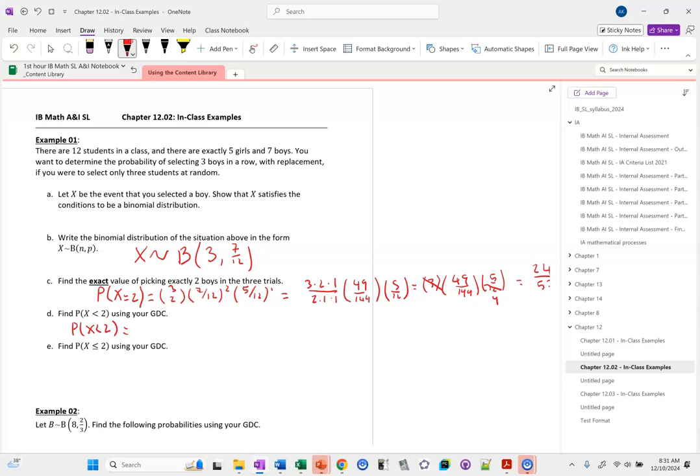I don't have a less than or equal to going on here. So let's try to rewrite less than 2 boys as a less than or equal to statement. Less than 2 boys means either 0 boys or 1 boy, correct? So that should be equivalent to x less than or equal to 1, right? And then I would just do the binomial CDF on this.